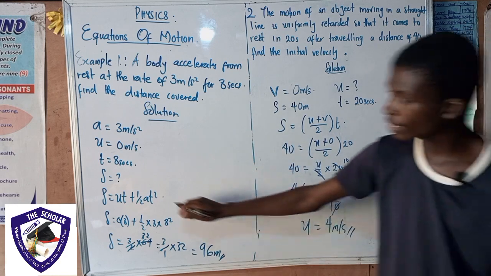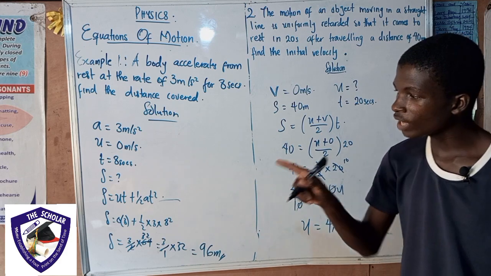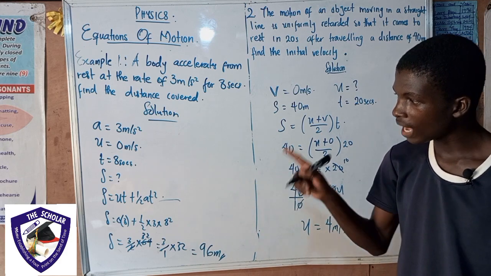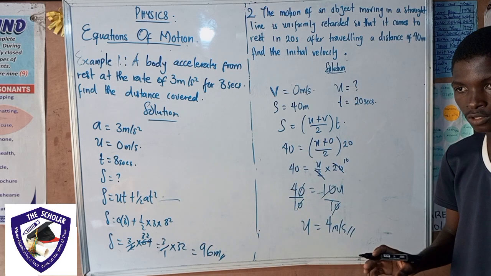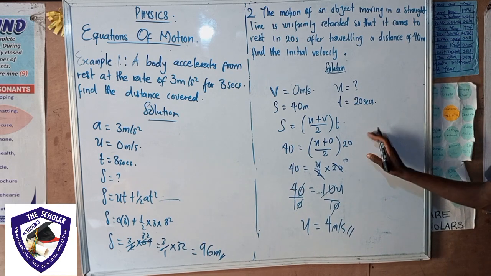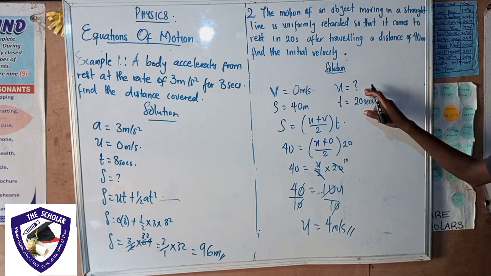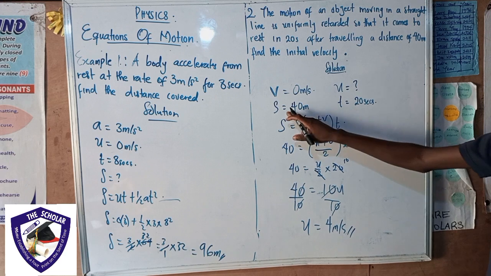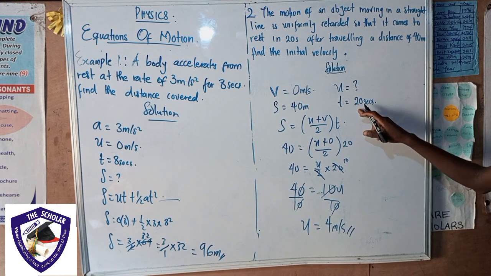We know that a particular equation of motion says s equals ut plus half at squared. We have u, we have t, we have our a. That means that equation is the best one that we can use. And likewise in this example, we have our final velocity v. We have our initial velocity, which is unknown. We also have our distance, which is 40 meters, and our time, which is 20 seconds.